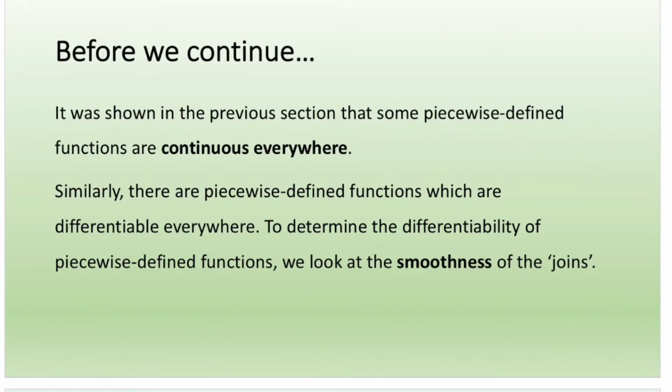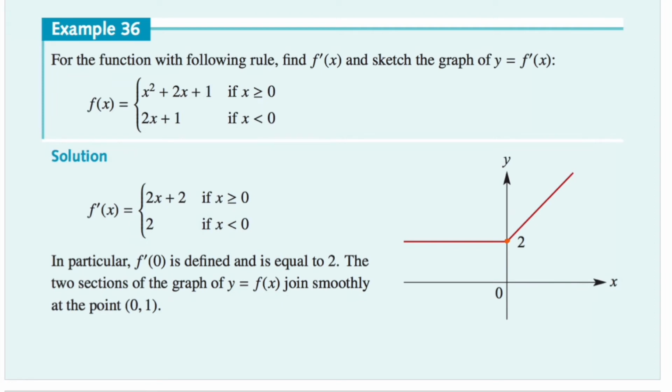Before we continue, it's shown in the previous section that some piecewise defined functions are continuous everywhere. Similarly, there are piecewise defined functions which are differentiable everywhere. To determine the differentiability of these piecewise defined functions, we look at the smoothness of the joins. In this example, let's take 2 steps.